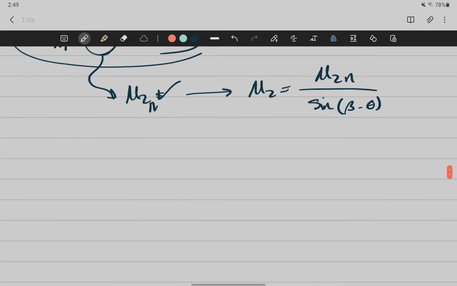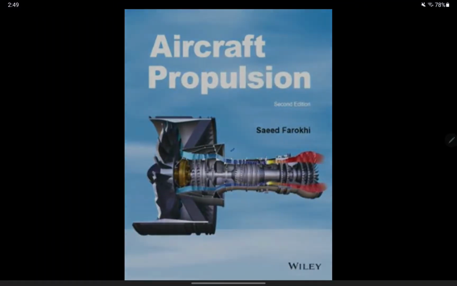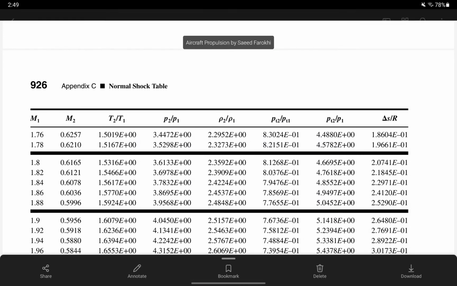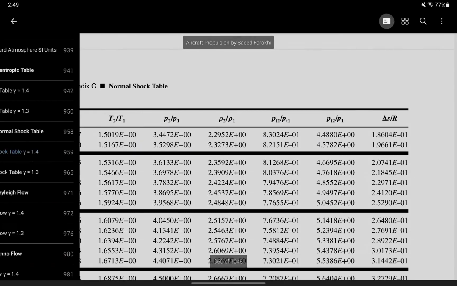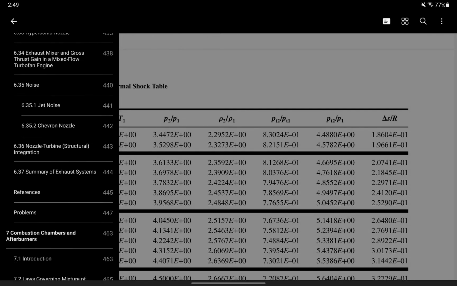From there is a relationship called the Theta Beta M relationship. Right? We are not going to talk about the relationship, but we are going to see the plot that connects the two relations. Let me bring it up.